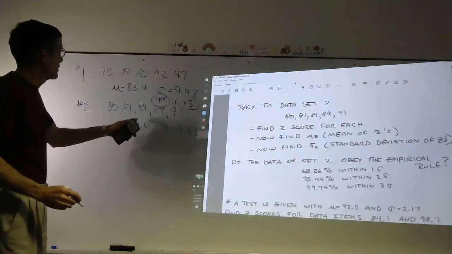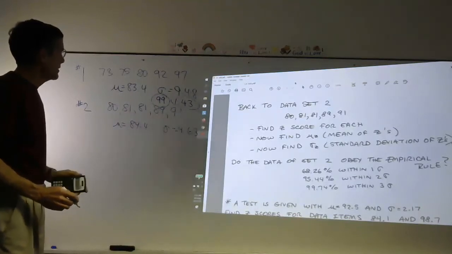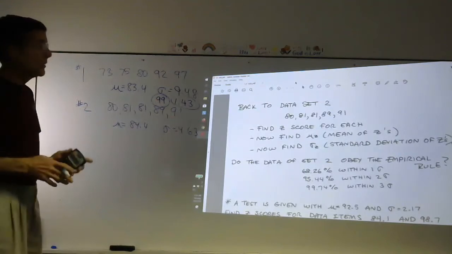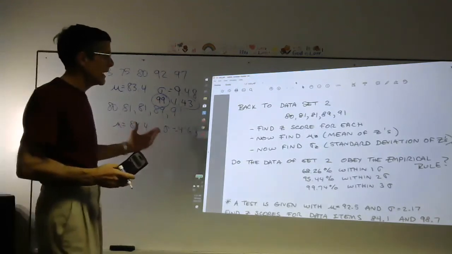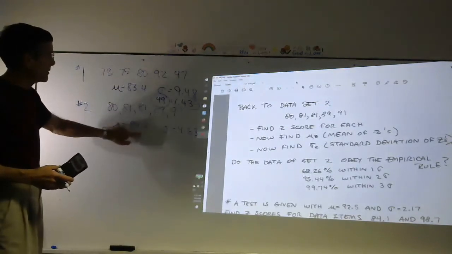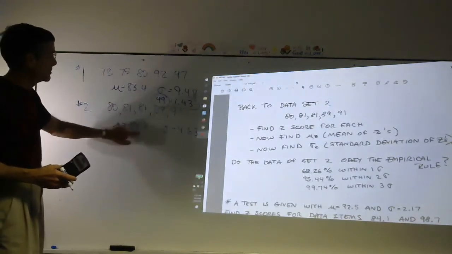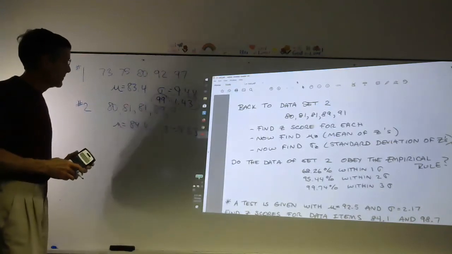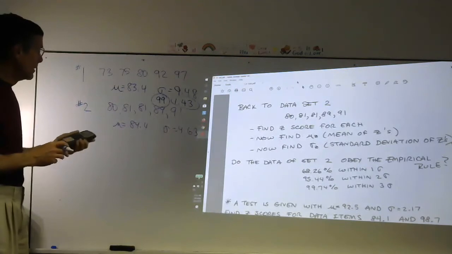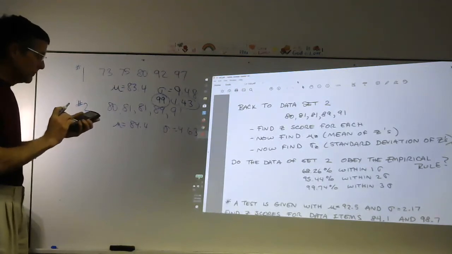How about 81 minus 84.4? Now here we're not squaring anything, so it's always important that you subtract in the right order. You always take your data value minus the mean. So 81 minus this would be a negative 3.4.